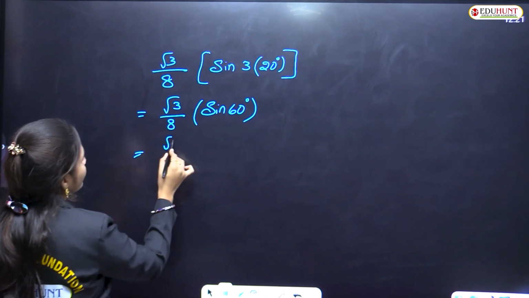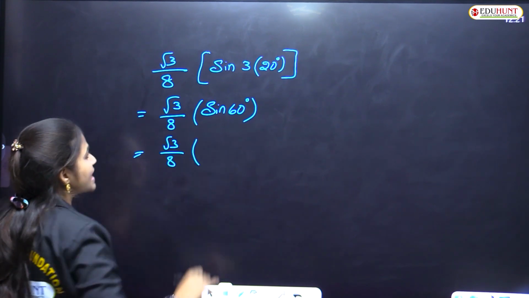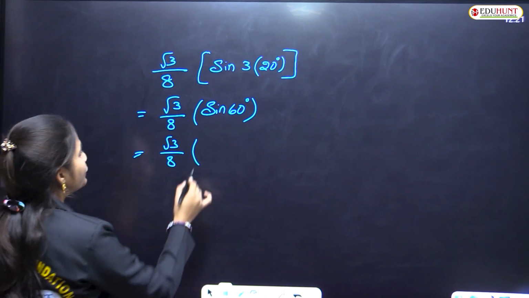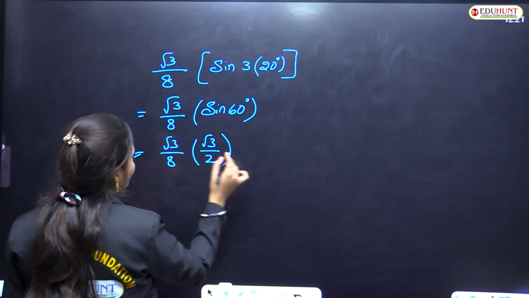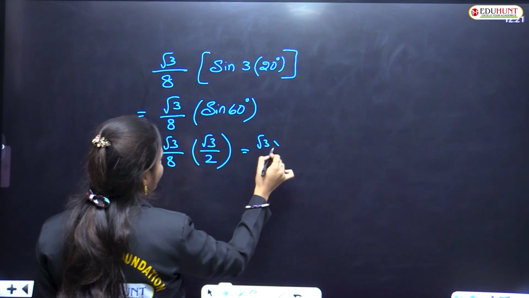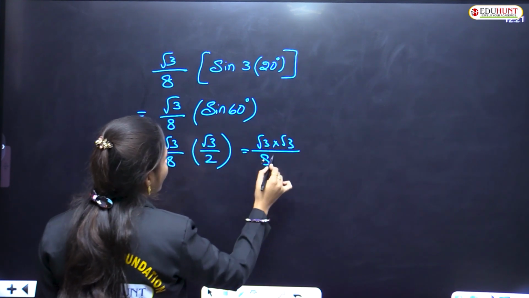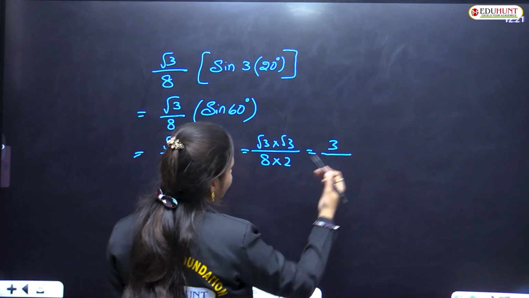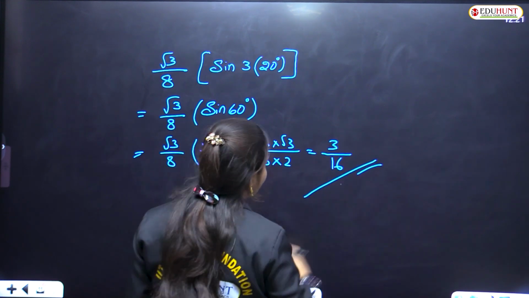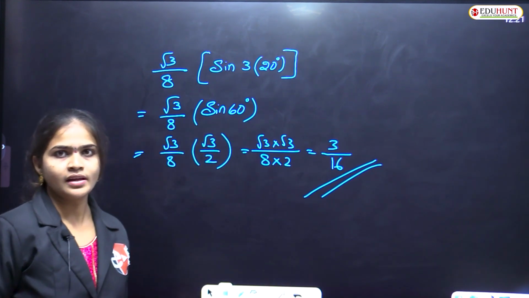So here root 3 by 8 into sin 60 degrees, whose value is root 3 by 2. So root 3 into root 3 whole by 8 into 2, and root 3 into root 3 is 3, so 3 by 16. Hence it is proved. Understand?